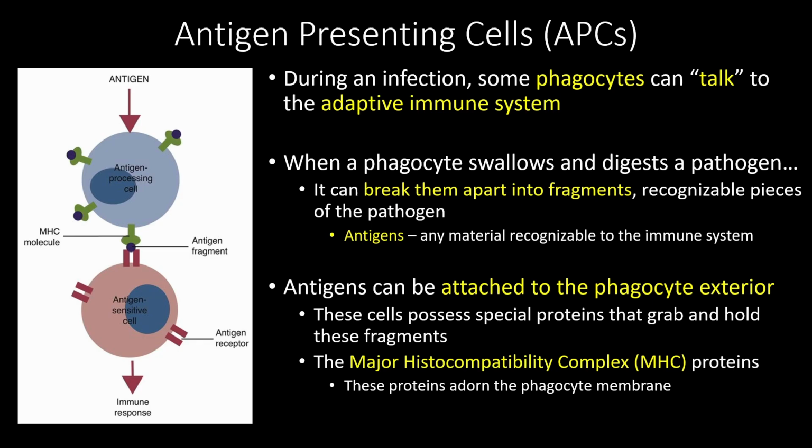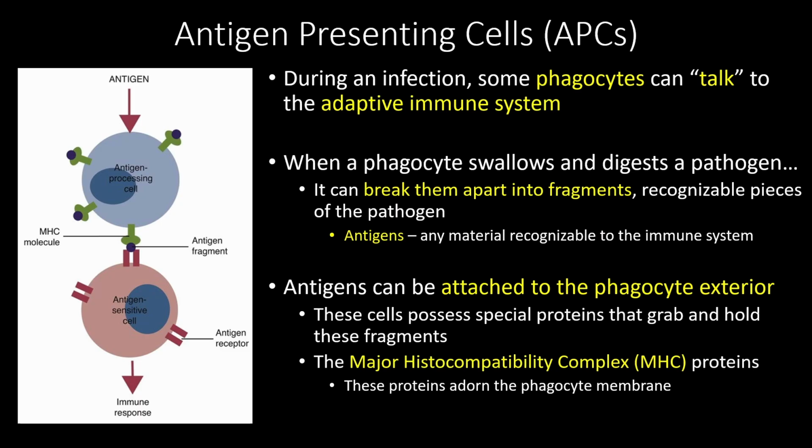And then they take the pieces of that thing and bring them to the surface of their body. When they break these things down, they make them into antigens. Okay, an antigen is just some material that is recognizable by the immune system, that the immune system could target.